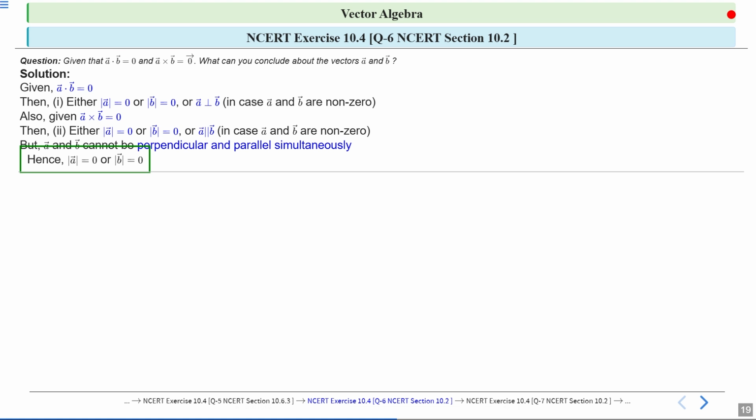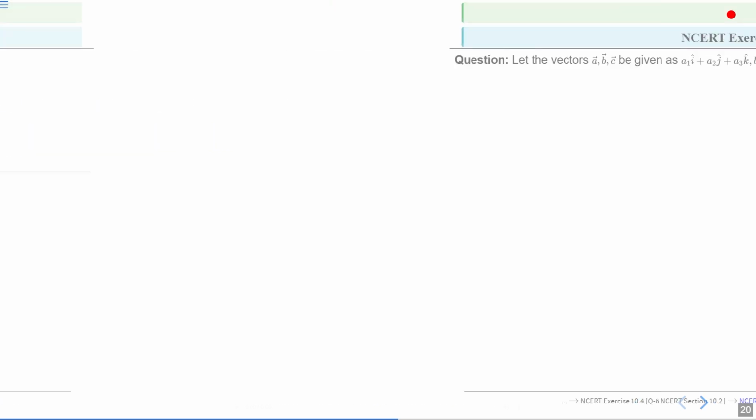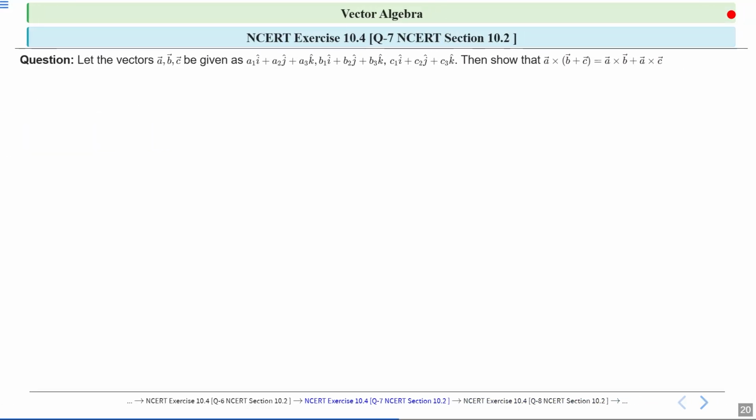Let's move to the next part. NCERT exercise 10.4 question number 7. We are given three vectors, A vector, B vector and C vector, given as A vector is equal to A1 i cap plus A2 j cap plus A3 k cap. B vector is equal to B1 i cap plus B2 j cap plus B3 k cap, and C vector is equal to C1 i cap plus C2 j cap plus C3 k cap.